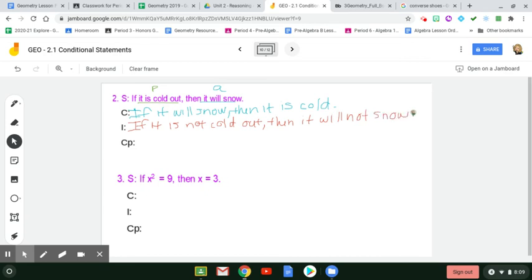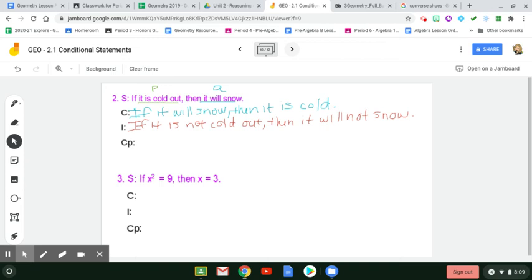So if it's not cold out, then it's not going to snow. That one's probably true. If it's not cold out, it's probably a little bit warmer, so it's probably not going to snow. I would agree that that one's probably true.